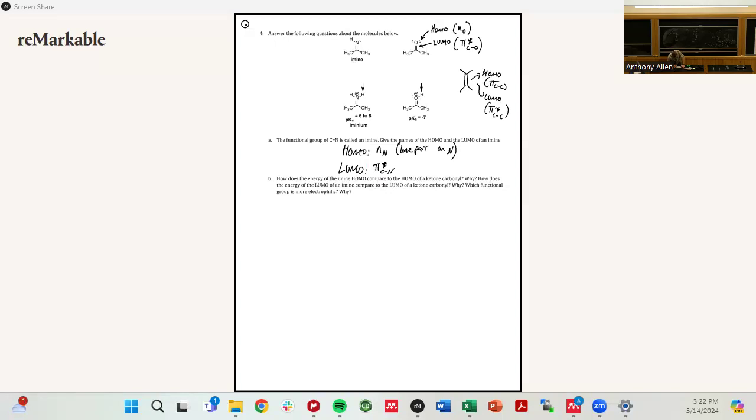Okay, and then how does the energy of the imine HOMO compare to the HOMO of a ketone carbonyl?